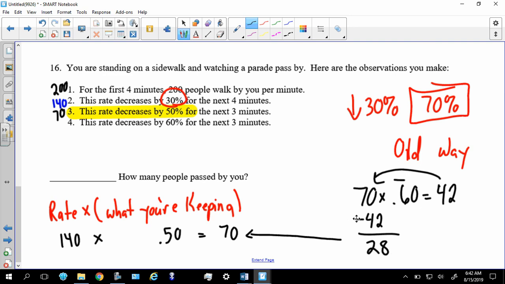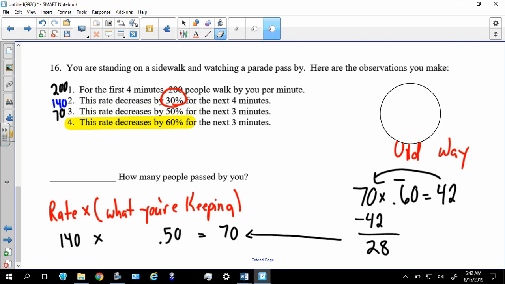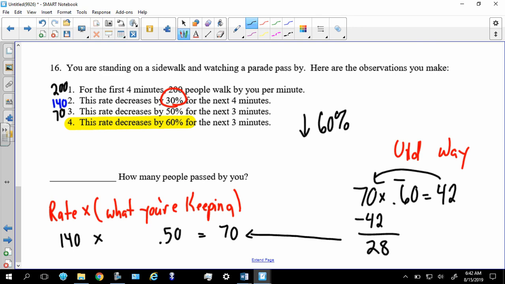Well, that's the old way. But the new way, and again, we're on step number 4 here, says if I am decreasing by 60%, that means I'm going to keep 40%. I'm keeping 40% if I'm decreasing by 60.